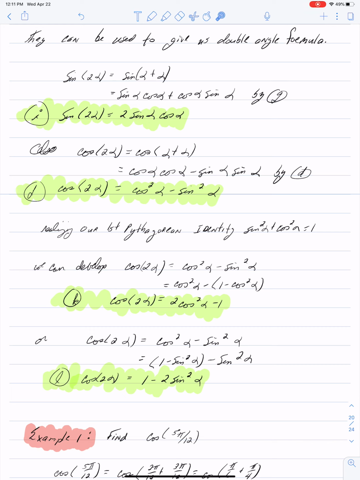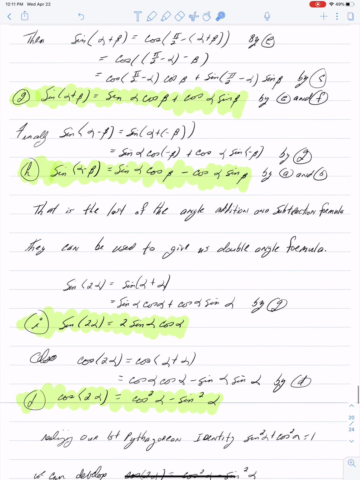Now, what if I wanted the cosine double angle formula? Well, I could do the same kind of trick. Cosine of 2 alpha is the cosine of alpha plus alpha. Now I can use the angle addition formula for the cosine. That was letter D up here.